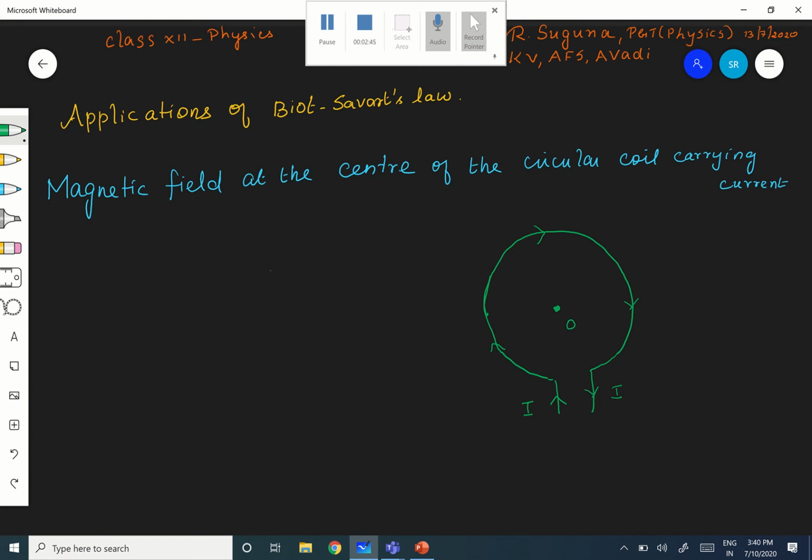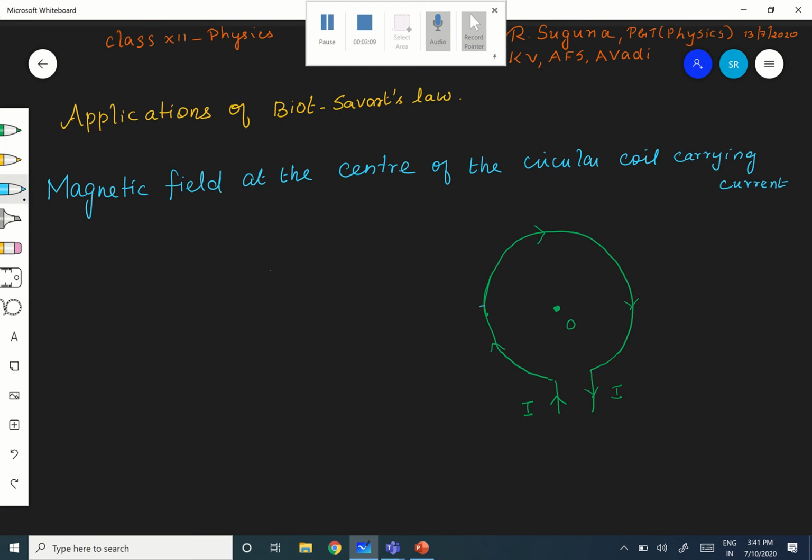You cannot apply Biot-Savart law as such. You can apply it only for finding the field at a point due to a small current element. Therefore, you have to take a very, very small current element to start with.